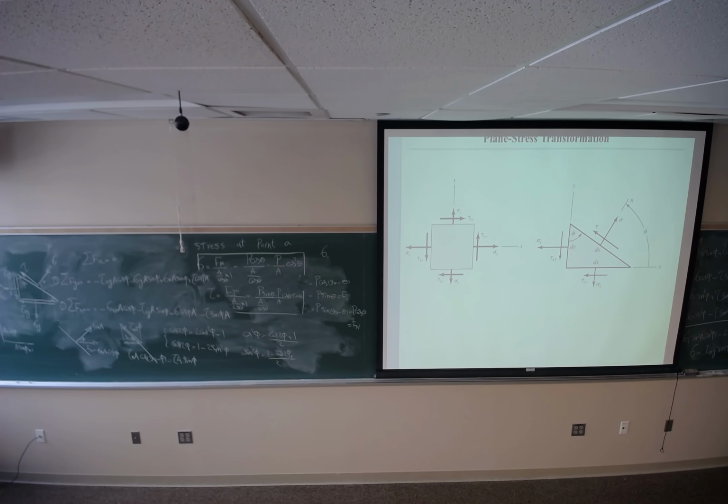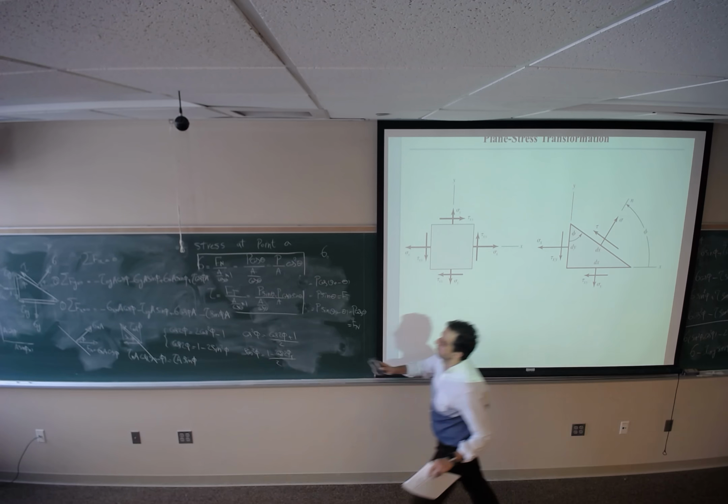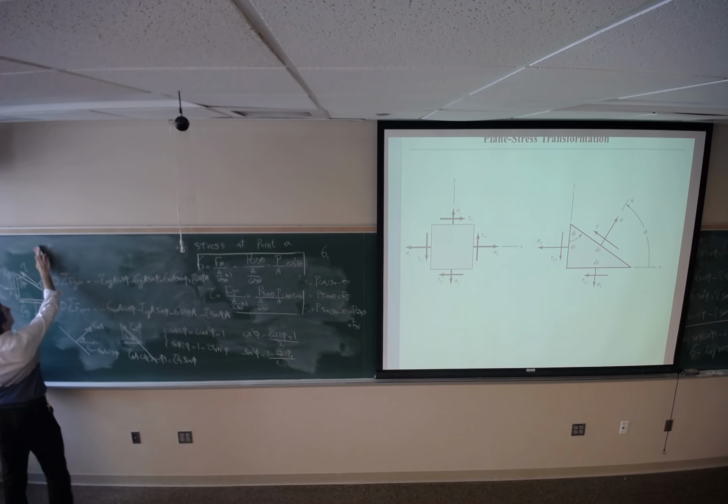I replace cosine square with that term: sigma x times 1 plus cosine of 2 phi dividing by 2, minus sigma y times 1 minus cosine of 2 phi dividing by 2, equals to 0. We are almost there.